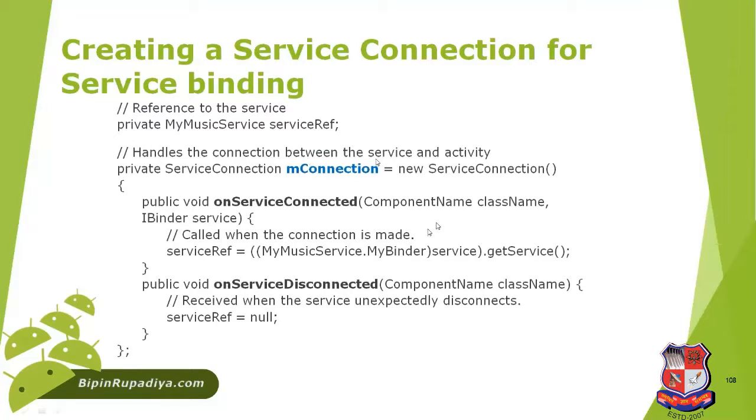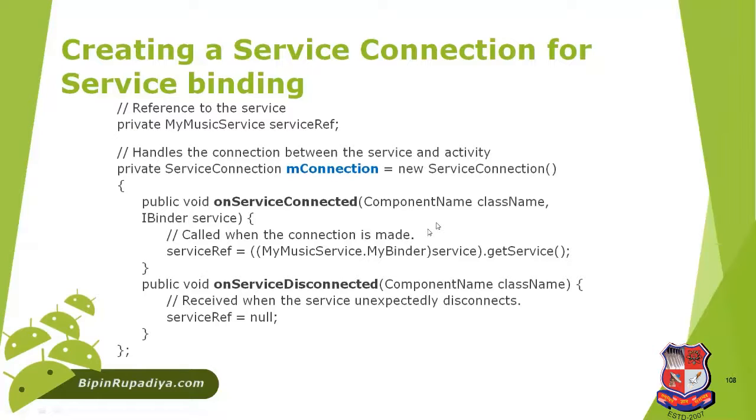Basically we are utilizing this to handle the connection between service and activity, and we are going to update the MyMusicService reference. So that service reference object needs to be updated within that.